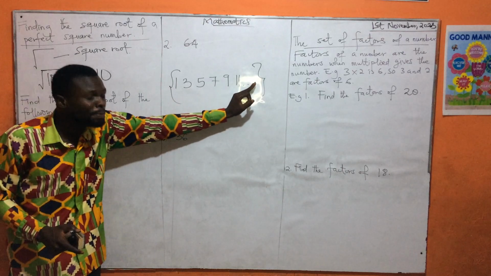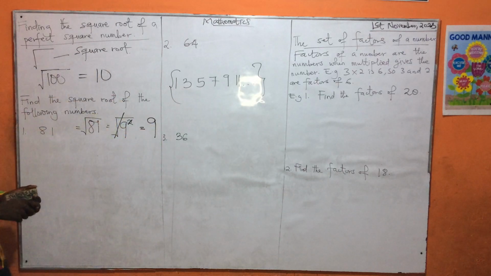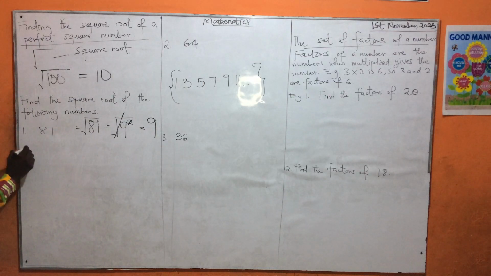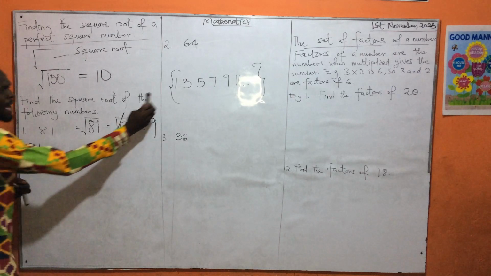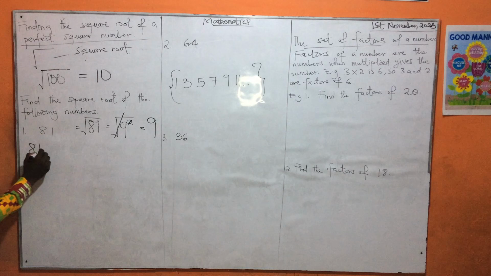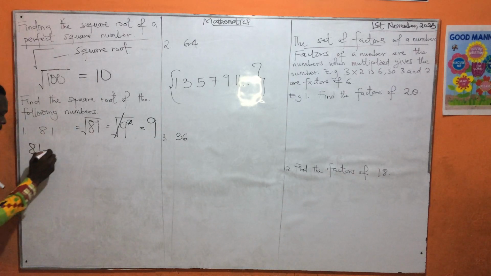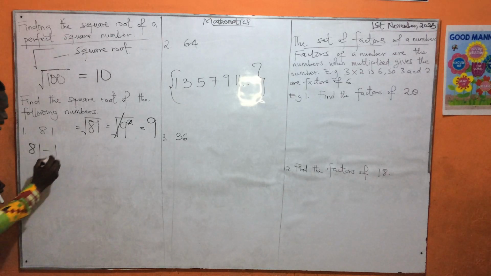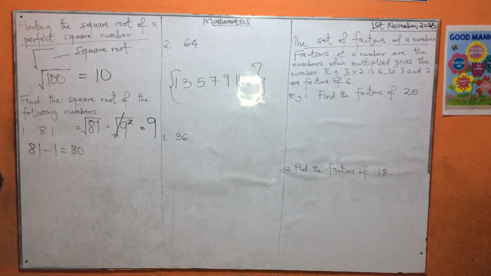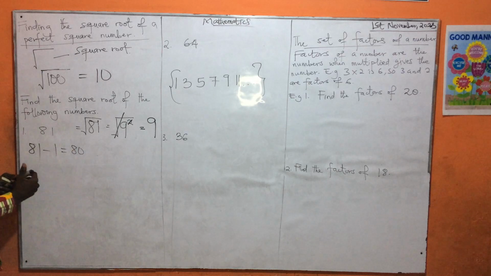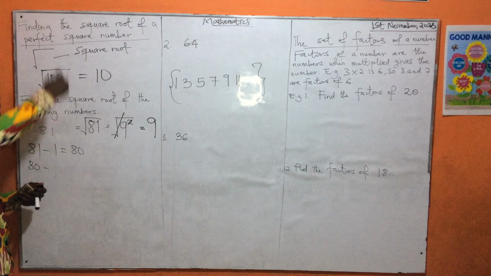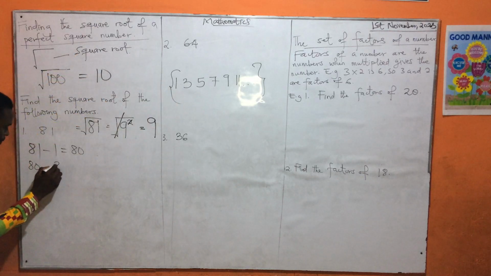So if I want to use the repeated subtraction method, I am going to take the number I have been given, which is 81. Now this 81, subtract the first odd number from 81. So we have 81 minus 1. That is giving us 80. Now with this result, take that 80 and subtract the next odd number, which is 3.